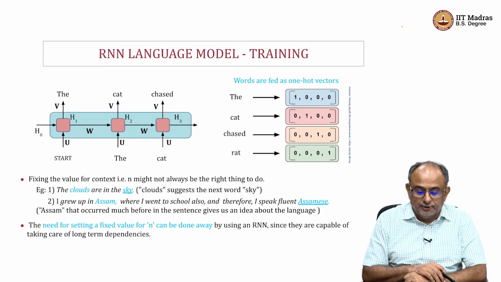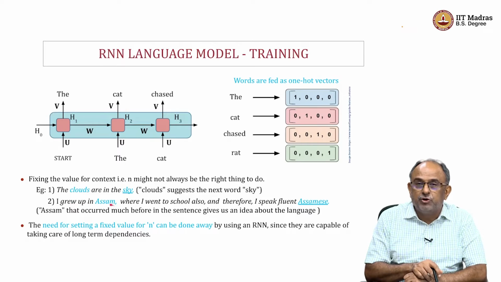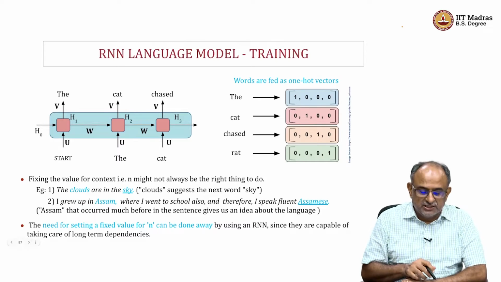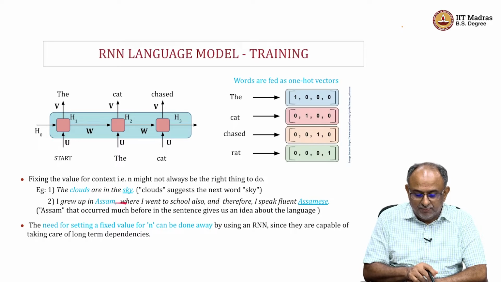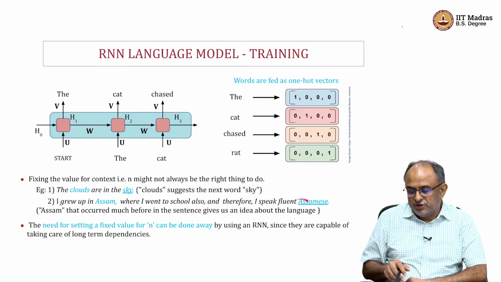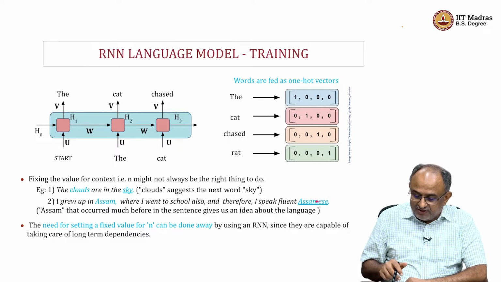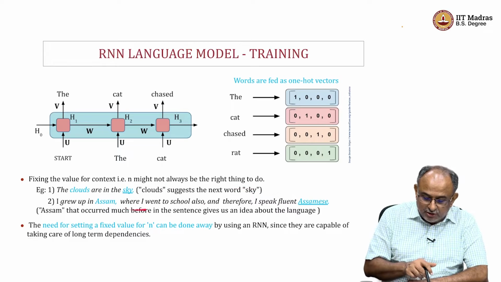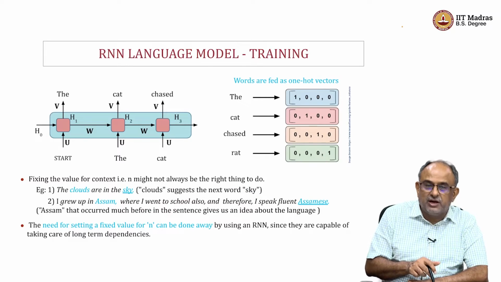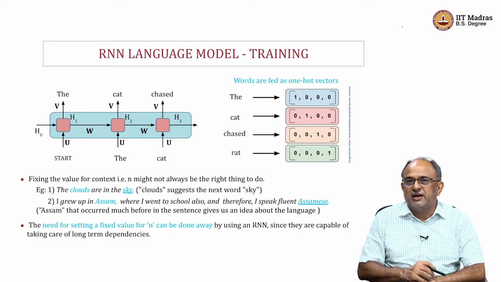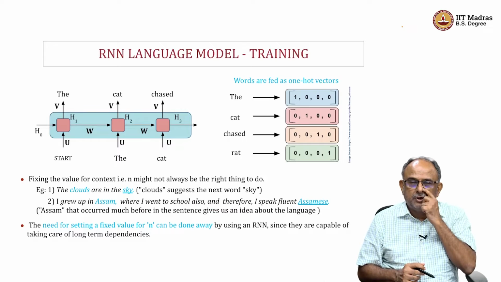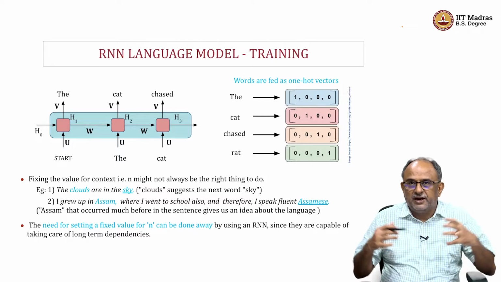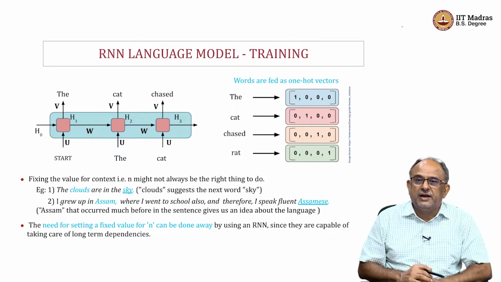And we saw that this is a very good way to handle long sentences. For example, "I grew up in Assam where I went to school and therefore I speak fluent Assamese." Assamese depends on Assam, which occurred many words back. This would require a 10-gram or a 12-gram language model, and we cannot handle such a big context.